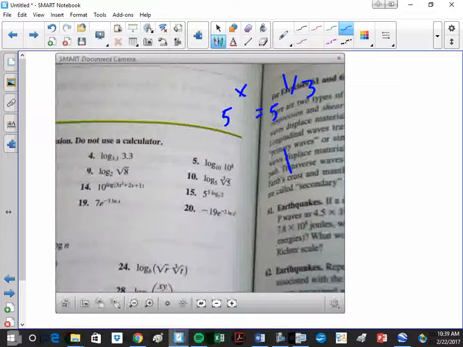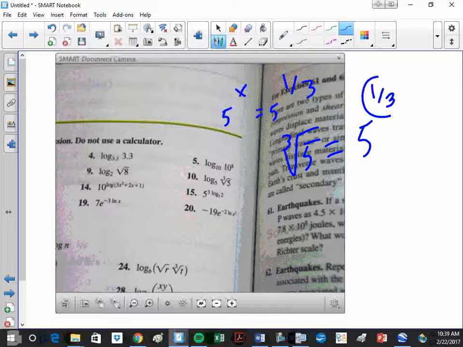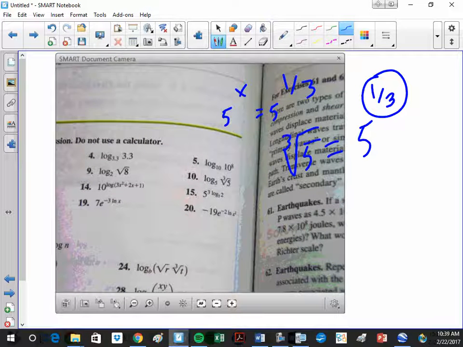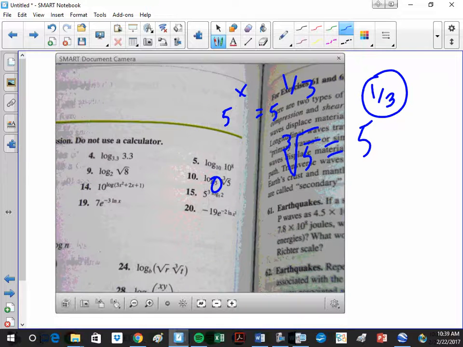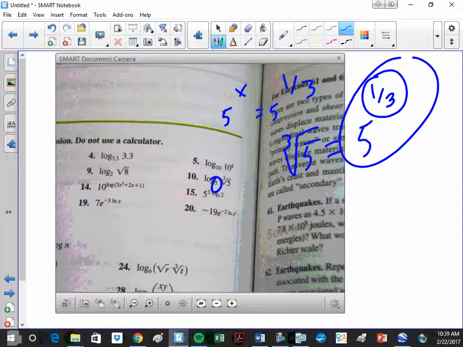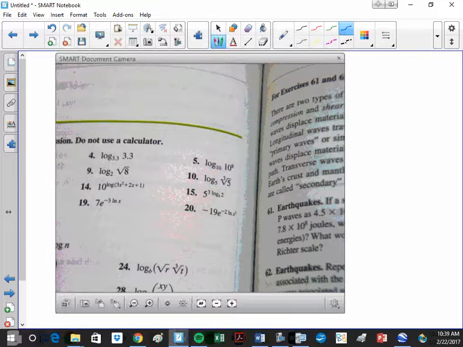So the third root of 5 is 5 to the 1/3. Well, no. So now 5 to what power is this? Which is just 1/3. 14, you want me to look at 14?